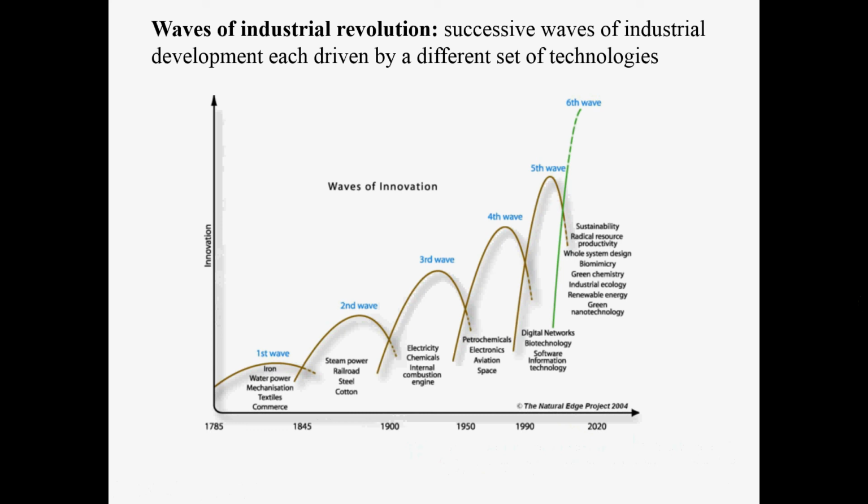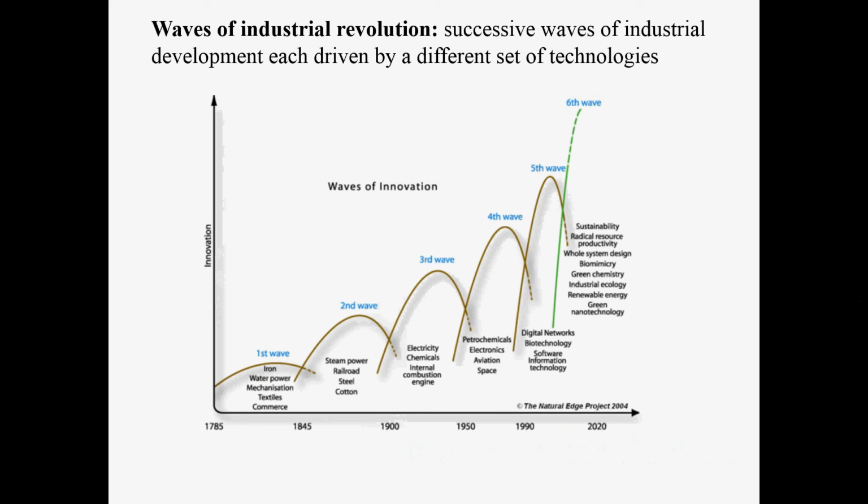And now people believe that we are at the end of the fifth wave, at the beginning of the sixth wave of the industrial revolution. We are entering a brand new phase. In the next wave, we're going to have a whole new set of technologies.